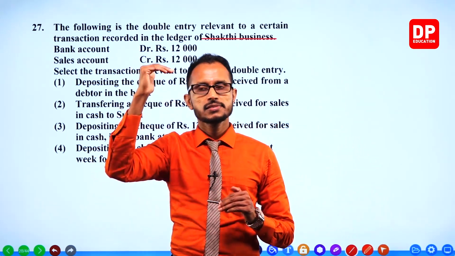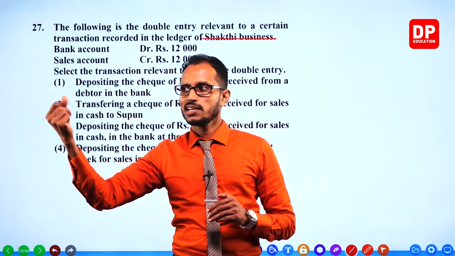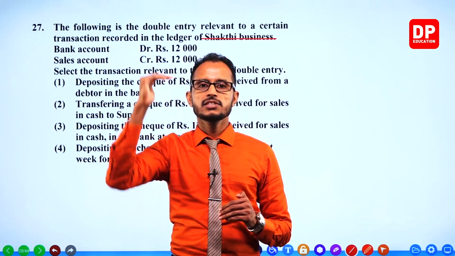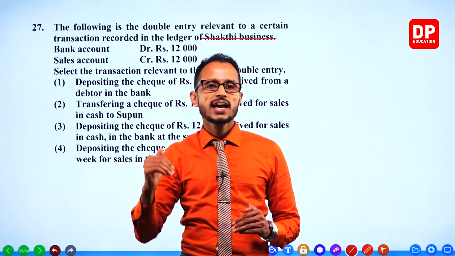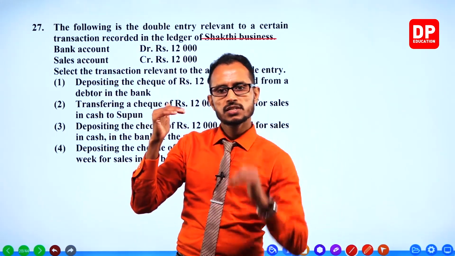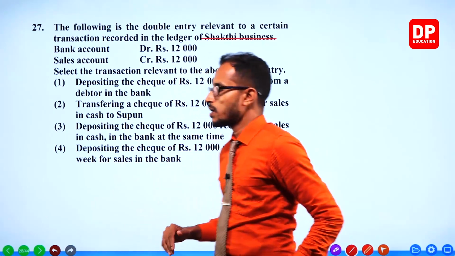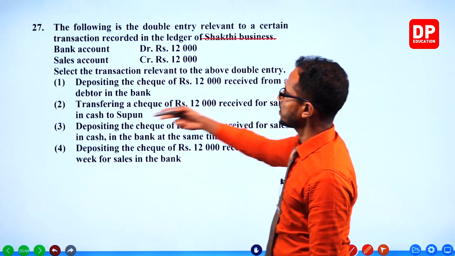So the asset increased, then only you debit the bank account. Cash coming into the bank. Cash at bank increased. And how did the cash at bank increase? Because you sold something. Sales account also credit.